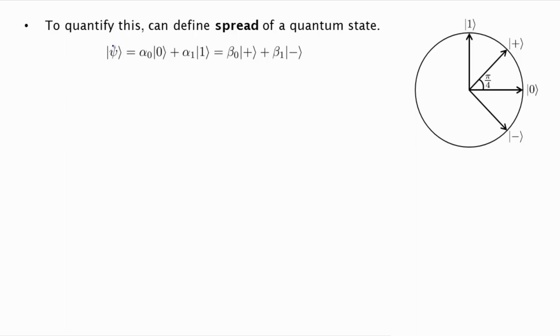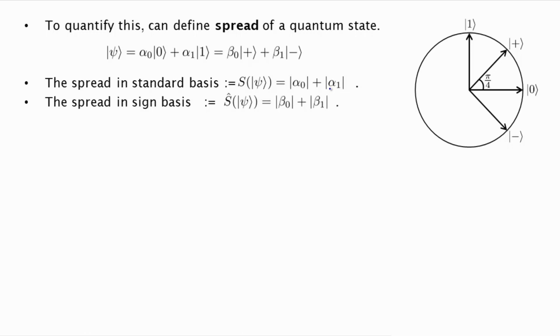So let's write out the state psi as alpha 0 |0> plus alpha 1 |1>, and we can also write it in the plus/minus basis with amplitudes beta 0 and beta 1. And now we are going to define the spread in the standard basis, the 0/1 basis, as the absolute value of alpha 0 plus the absolute value of alpha 1, and in the sign basis it's the absolute value of beta 0 plus the absolute value of beta 1.